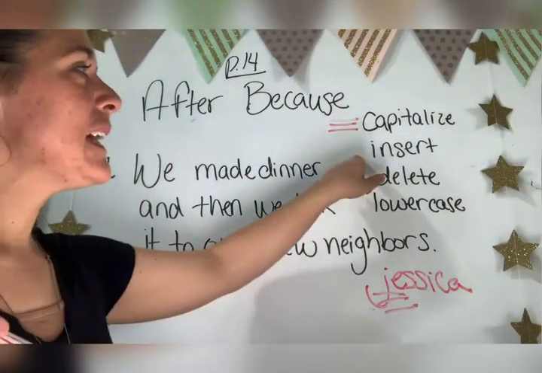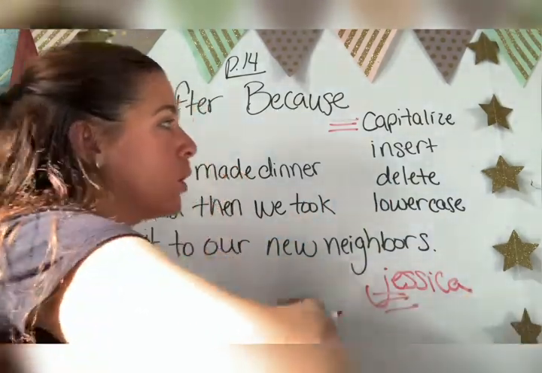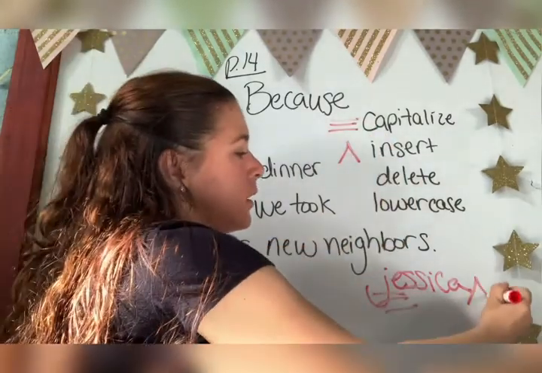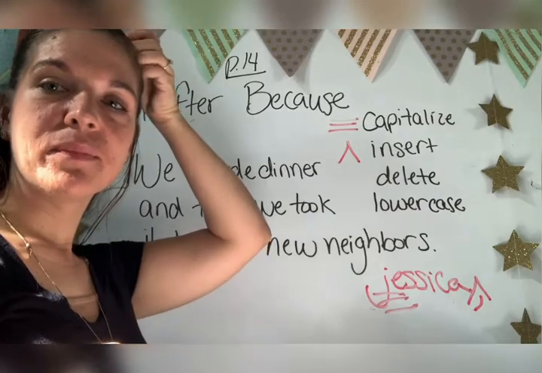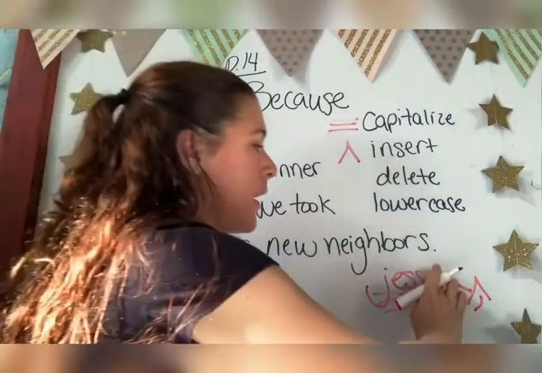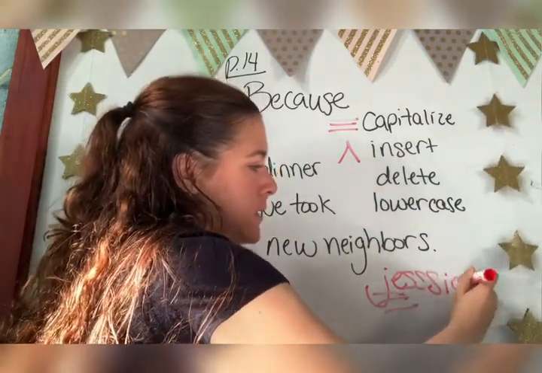Well, what if I want to insert something, like I forgot to insert a comma? What do I use? I use my little triangle. And then I put my comma right there, right? What do I have to do if I have to delete something? Like what if I had 3 extra S's?